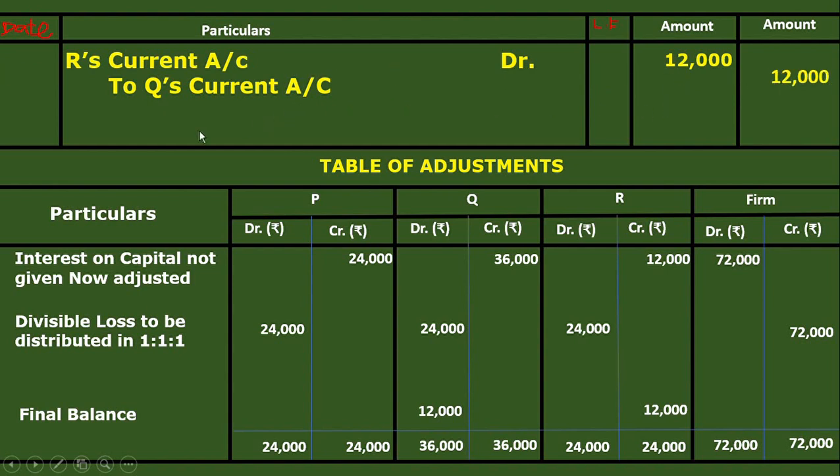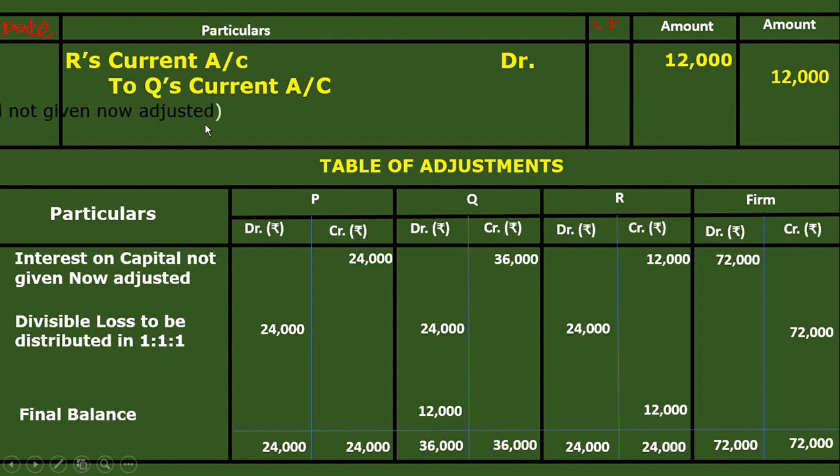Now I am asking you, this is my second question for this video, why have I written current account here, why not capital account? In the two questions we have solved so far, there we wrote capital account, but here I have written current account. So you have to answer in the comment section why current account is written here, not the capital account.